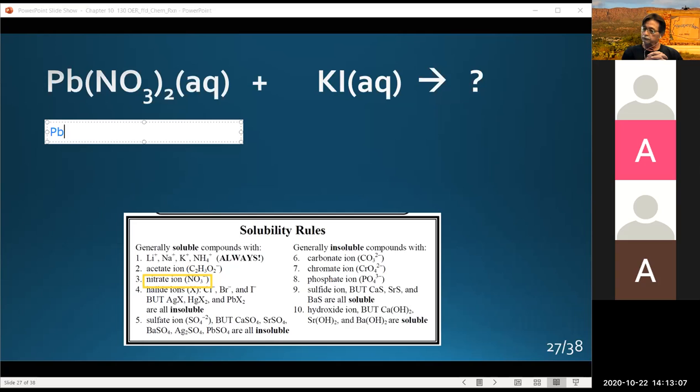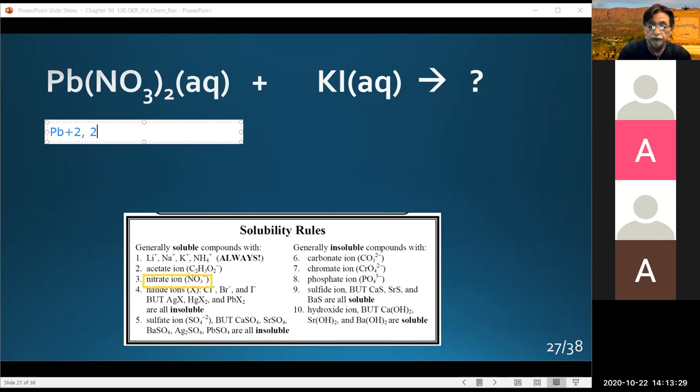What is nitrate? NO3. Remember what the oxidation is? It's a 1 negative, but there's 2 of them. Each one's -1. So that means that lead has to be +2.